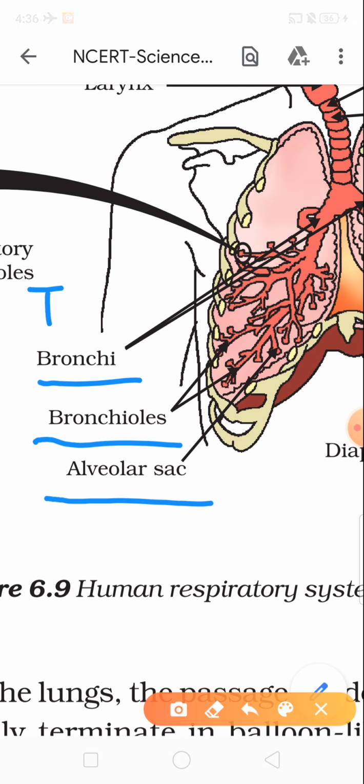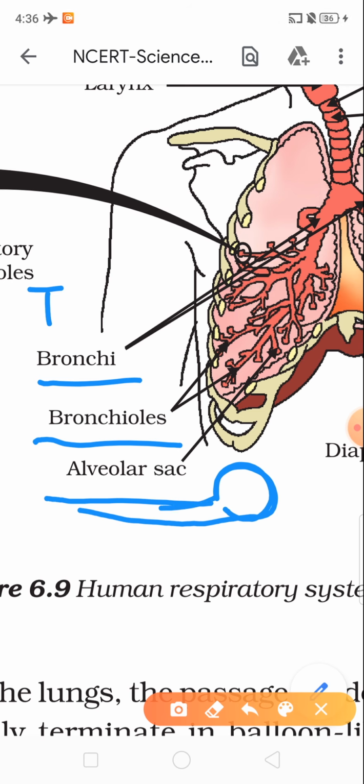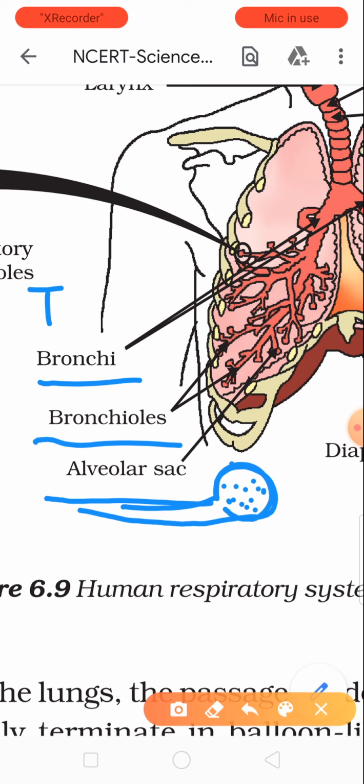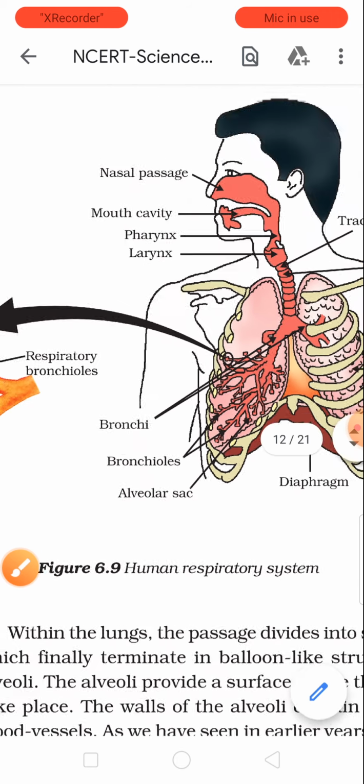All the air will be poured into the last terminal, which is known as the alveolar sac. So all the air will come into this alveolar sac. Understood? Now just read the content.